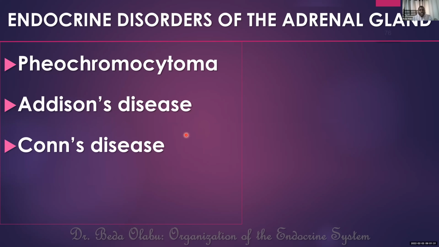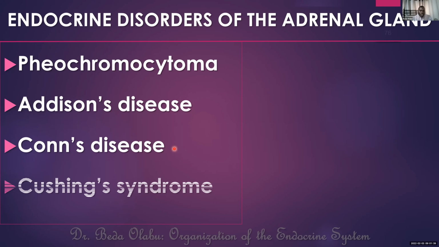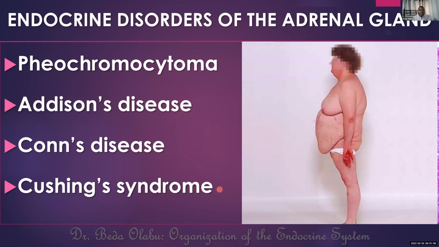Conn's disease is a condition of hyperaldosteronism, excess levels of aldosterone. And Cushing syndrome is a metabolic disorder due to excess cortisol following excess ACTH. So if someone has excess ACTH, they'll have hypercortisolemia, and that will give them Cushing syndrome.